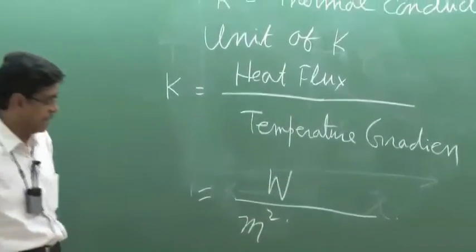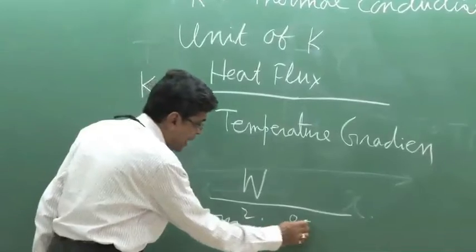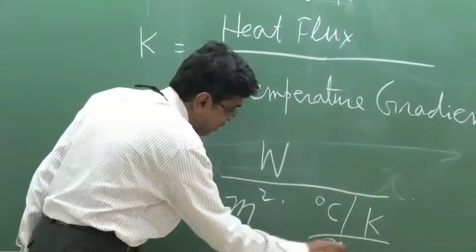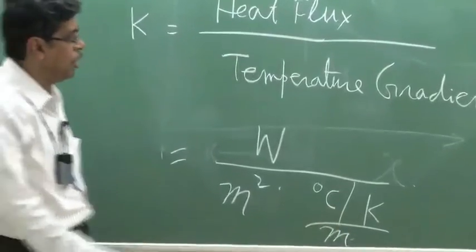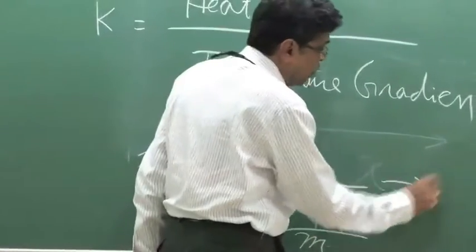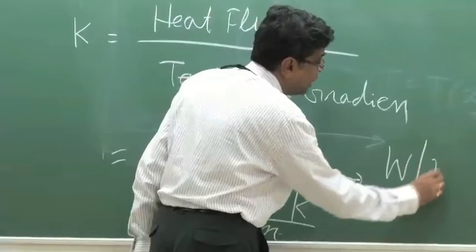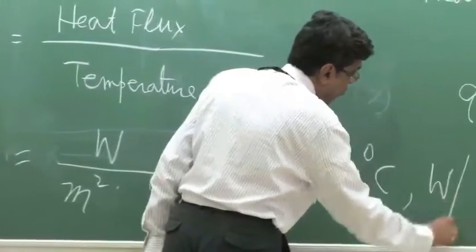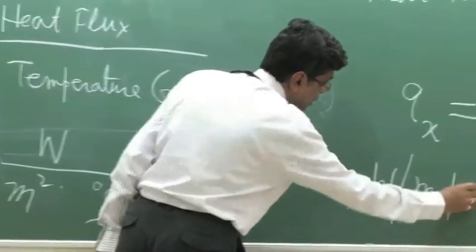And the temperature gradient is degree Celsius or Kelvin, any one of these two, divided by meter. So the unit is watt per meter degree Celsius or watt per meter Kelvin.